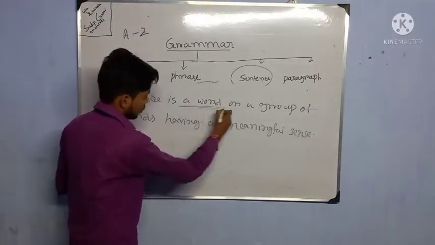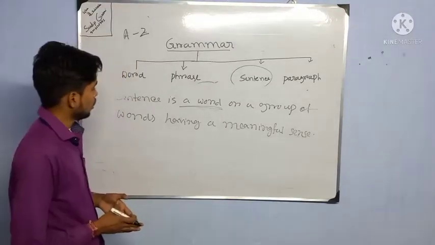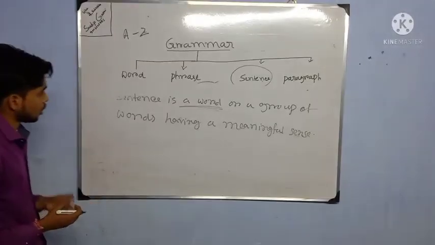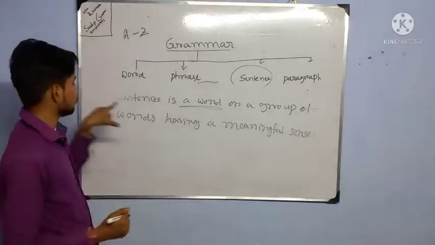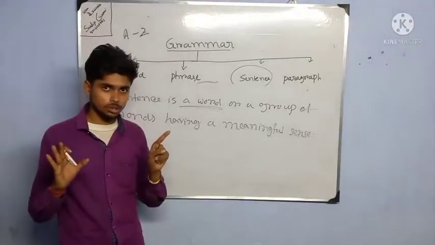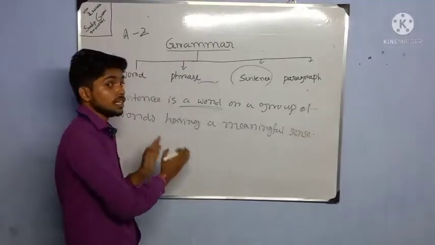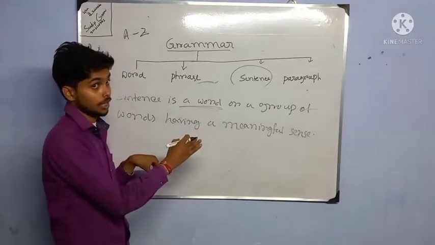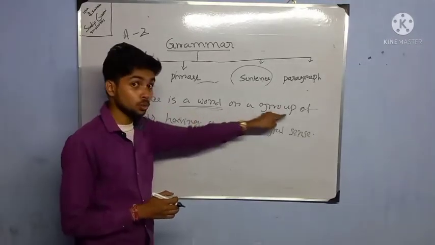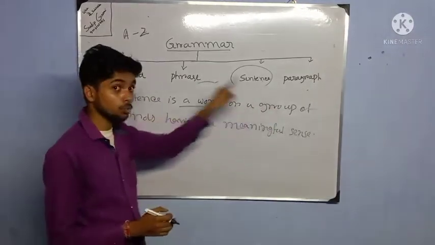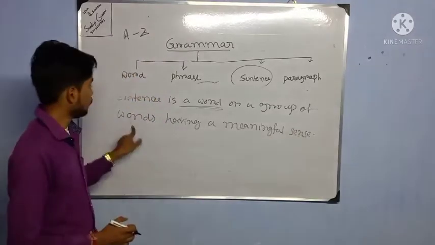When we were students of class 4 and 5, our respective teachers told us that each sentence means a group of words. But it's not right. A sentence can be only a word also. Again, I am repeating. Sentence is a word or a group of words having a meaningful sense.